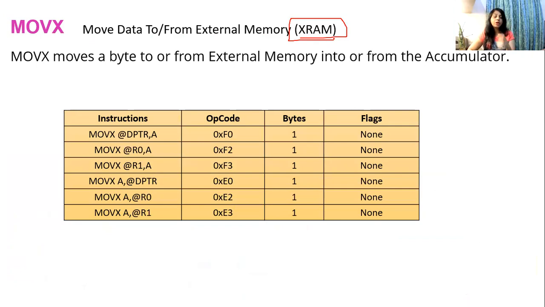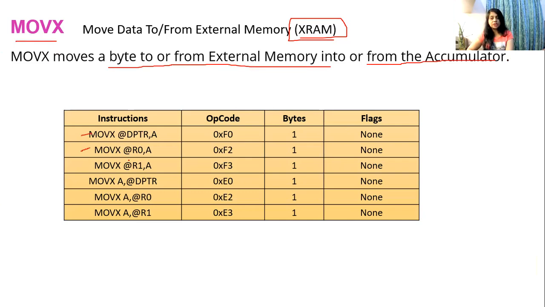But when data transfer takes place between the microcontroller and external RAM, then we have to use the MOVX instruction. So MOVC is for ROM and MOVX is for external RAM. MOVX moves a byte to or from external memory into or from the accumulator. There are various MOVX instructions.